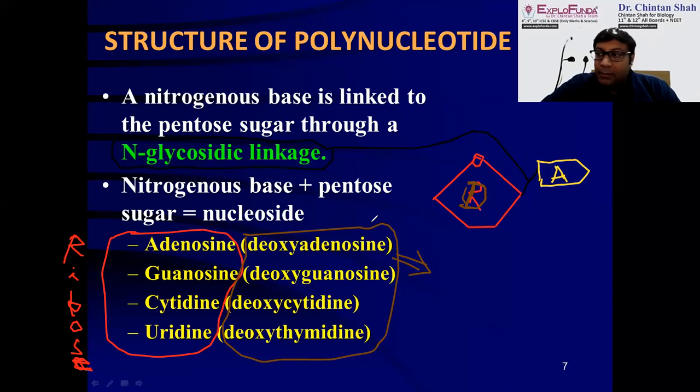The nitrogen base and the pentose sugar are connected, and that gives rise to a nucleoside. So this is a nucleoside, and if I want to make this a nucleotide, then I have to attach one phosphorus to it. Let me show you here the numbering of the carbon atoms.